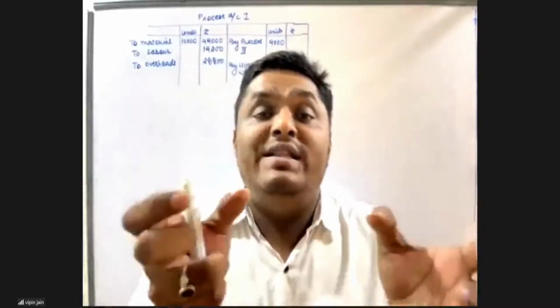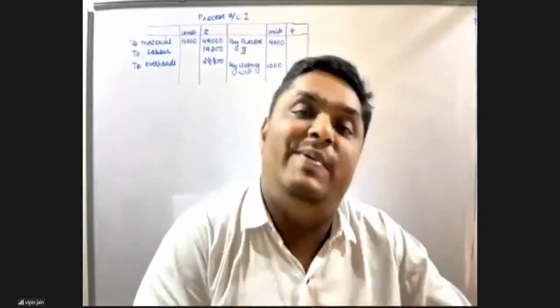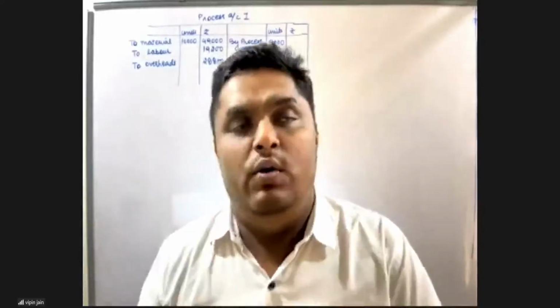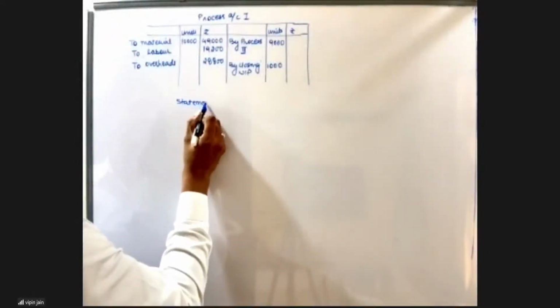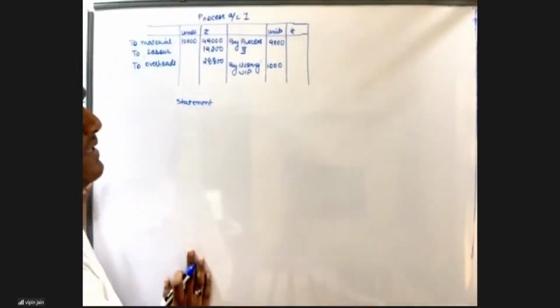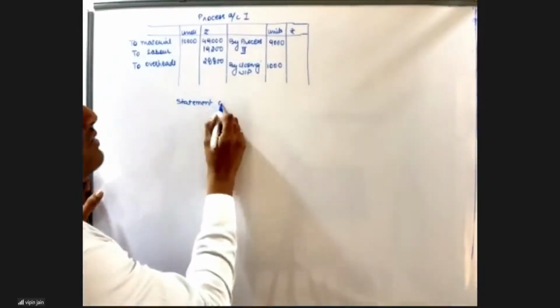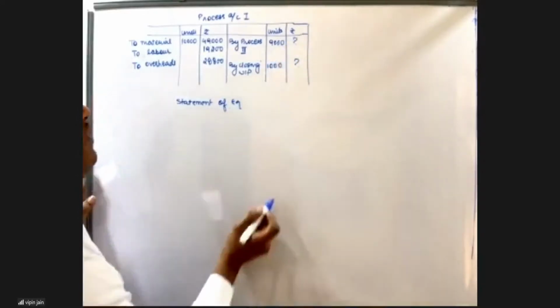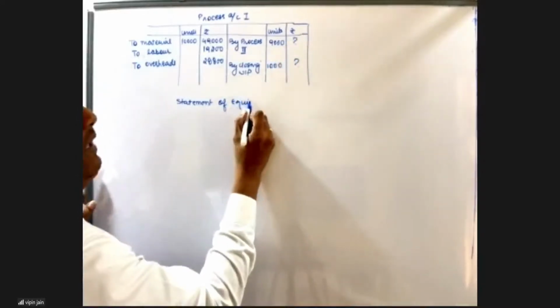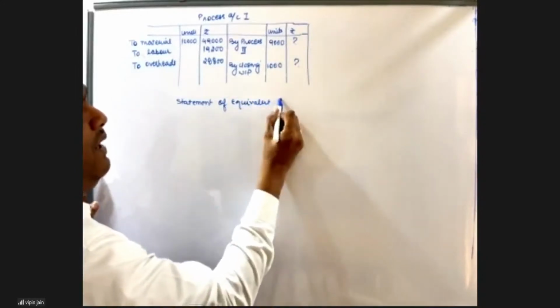So we will calculate the separate equivalent units in respect of material and labor and overheads. So for this, we have to prepare the statement of equivalent production. This is the way you have to present the solution in exams. So the point is we have to calculate these two values. So the statement of equivalent production.